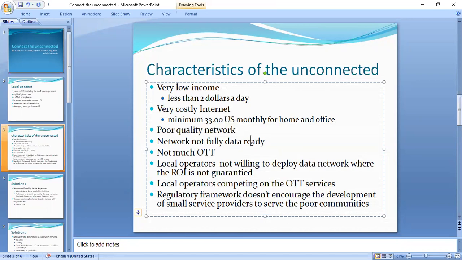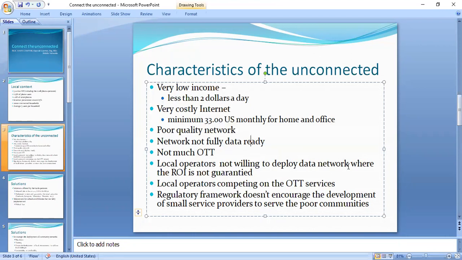The local operators are not willing to deploy their network where the return on investment is not really guaranteed.